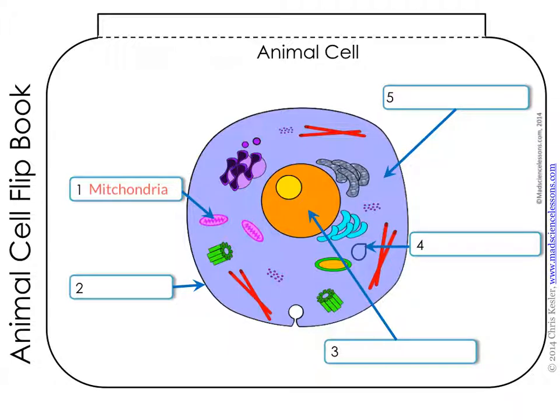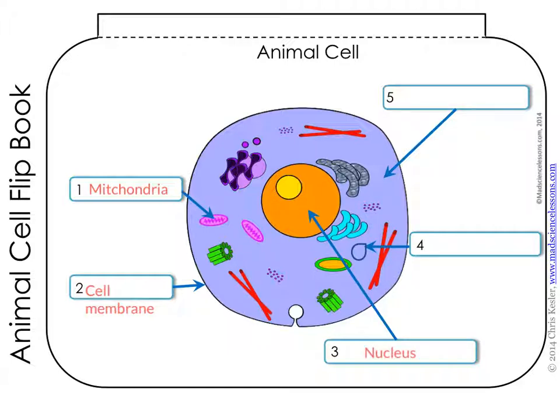They also perform the same function: mitochondria provides energy for the cell to use. We also see at number two, animal cells have a cell membrane, just like a plant cell. But you'll notice that animal cells lack a cell wall. As I mentioned before, cell walls are particular to plant cells and some bacteria only. So animal cells don't have cell walls.